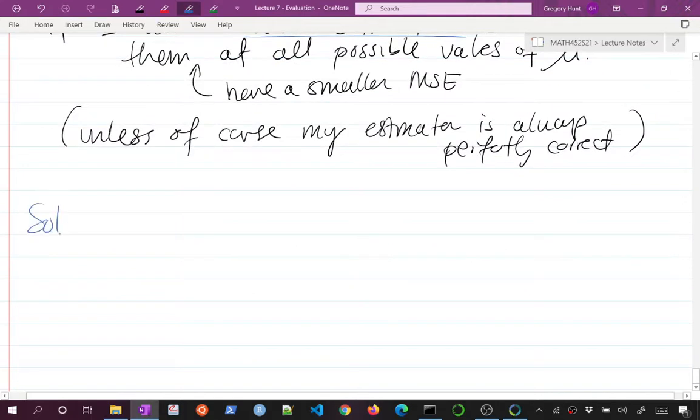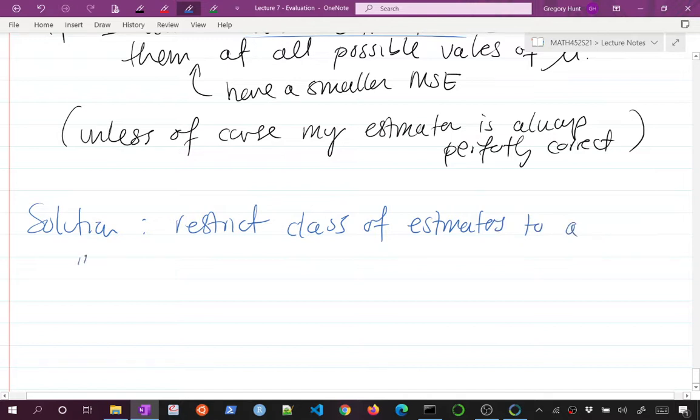Solution: restrict the class of estimators to a, quote, sensible class. So we want to restrict the class so we don't allow these really dumb estimators, so that we actually can get a minimum variance, right?